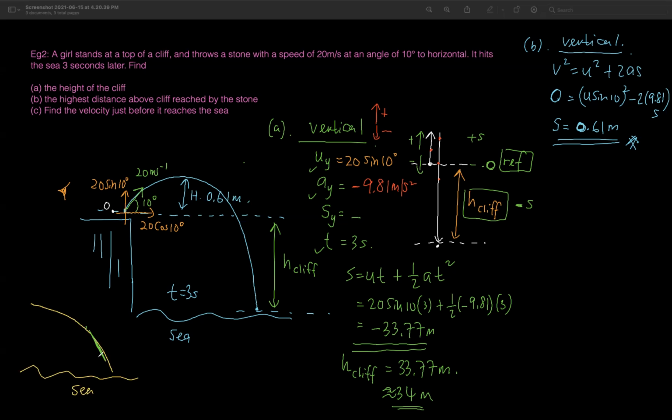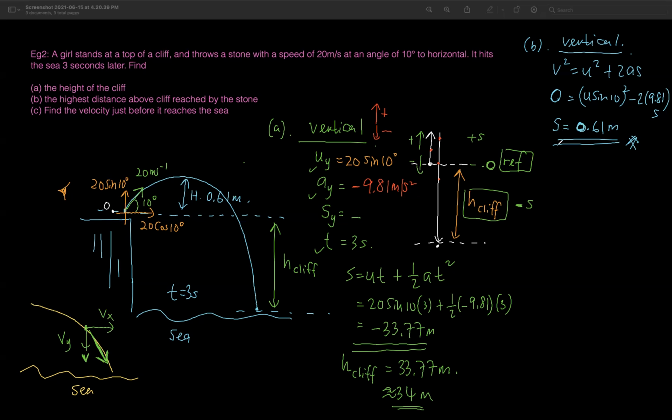It's like sloping. This is your V. 这个是他们要你 find 的 V. Find the velocity. So 你要怎样找这个呢？首先我要知道在这里它的 Vx 是多少，然后它的 Vy 是多少，我才可以找这个 resultant velocity.